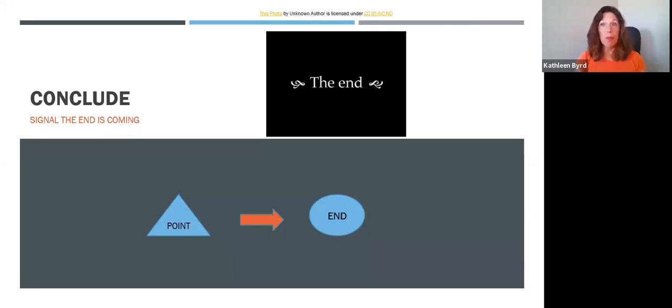Now, we may want to conclude. It's very important to signal your listener that the end is coming. Either the end of the whole speech or just the end of the thought, the paragraph.